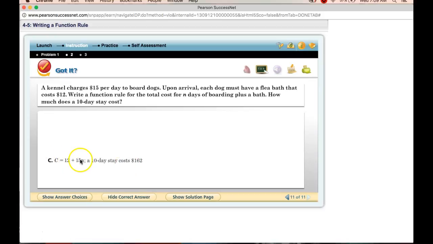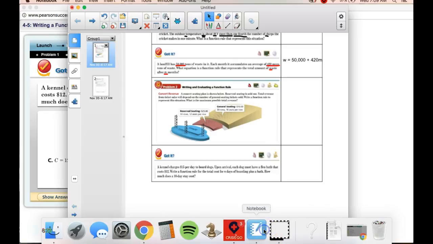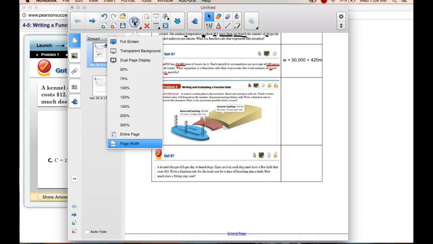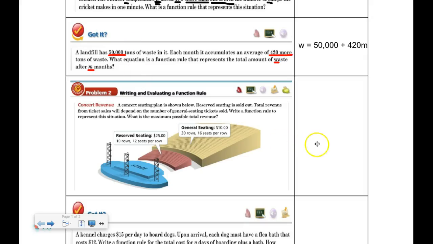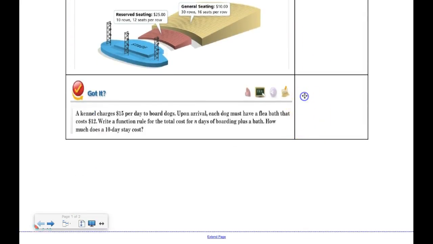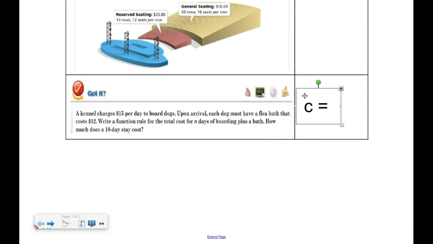C equals 12 plus 15n is your equation, and then $162. And there we go.